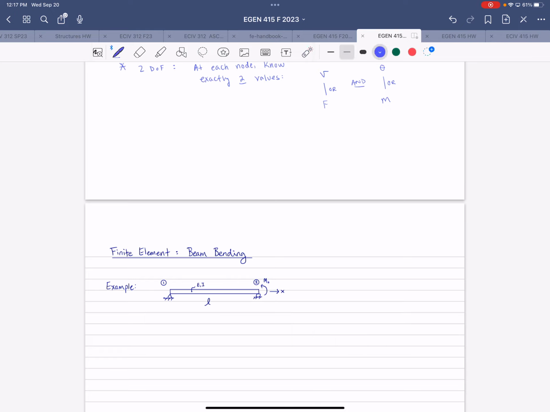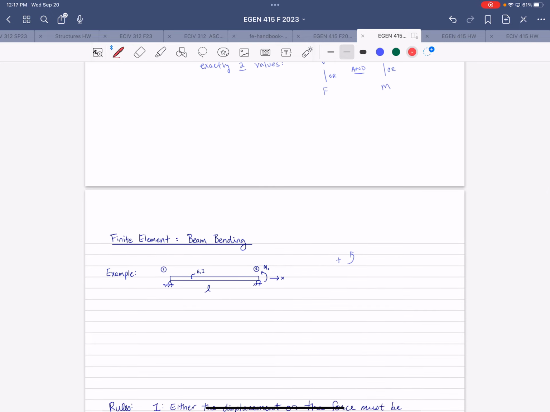Which is always positive counterclockwise no matter where you are. So remember that it doesn't matter if you're on the left end of a beam or the right end of a beam, right? That would be interpreted maybe differently for mechanics sign convention, but counterclockwise will always be the positive direction for moment and rotation within the finite element solution.